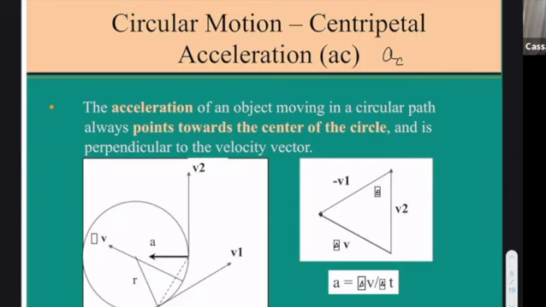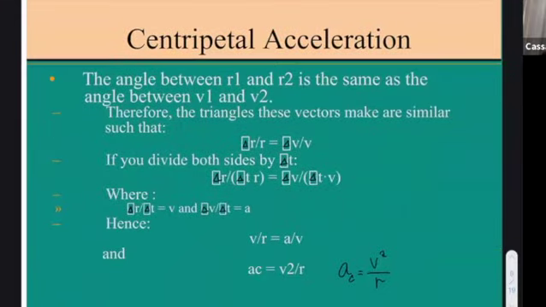So we know acceleration is the change in velocity over change in time. And we also need to remember that when we have a change in velocity, when we add these vectors, if there are two velocity vectors, we have to account for the angles between them. Okay.